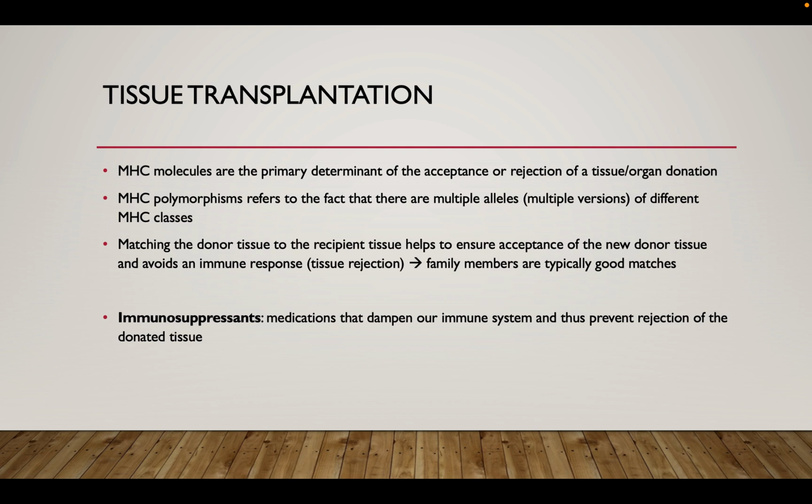Now, whenever you have an organ transplant, oftentimes these patients will be on something called an immunosuppressant. So an immunosuppressant is essentially a medication that is going to dampen the immune system in order to prevent your body from targeting this newly donated tissue.